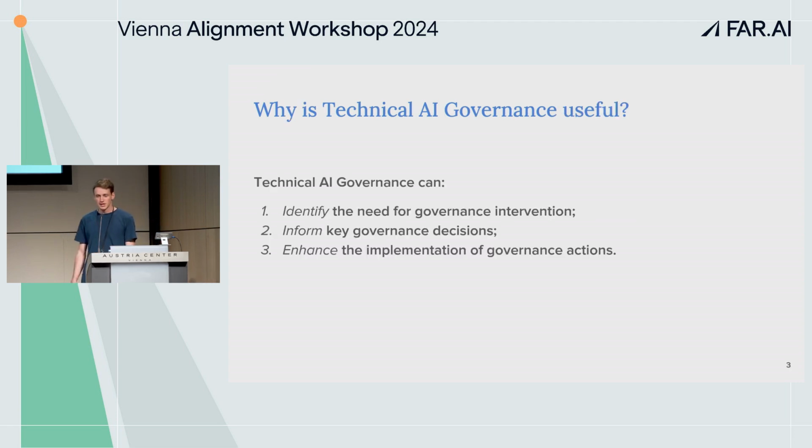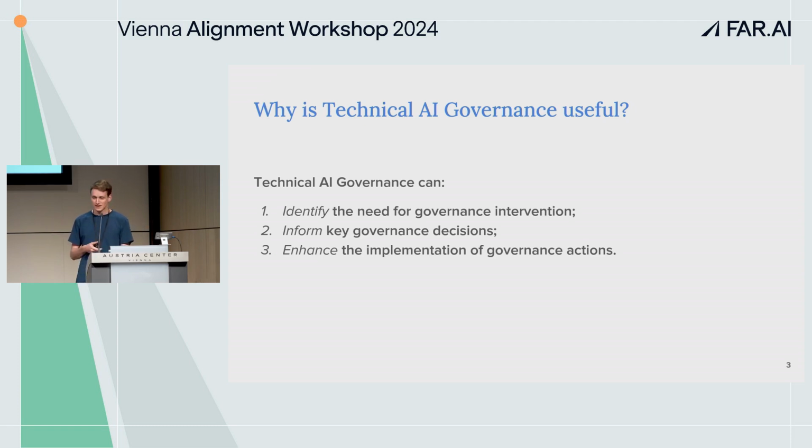Formalizing that a bit more, we lay out in the paper 3 key ways, which we term identify, inform, and enhance. Identify is stuff along the lines of better visibility into AI and its development that may motivate the need for governance intervention.